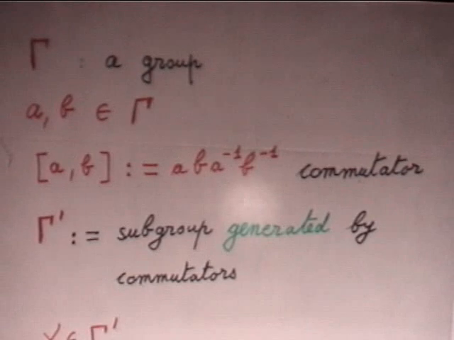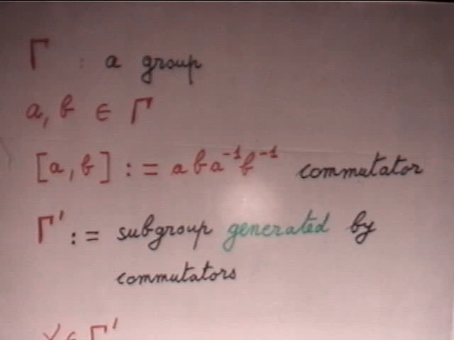One has to take in mind the fact that the set of commutators in a group is not a subgroup, just a set in general. So if one wants to make a group out of this set, the only possibility is to consider the so-called first commutator group or first derived group, which is the group generated by commutators.